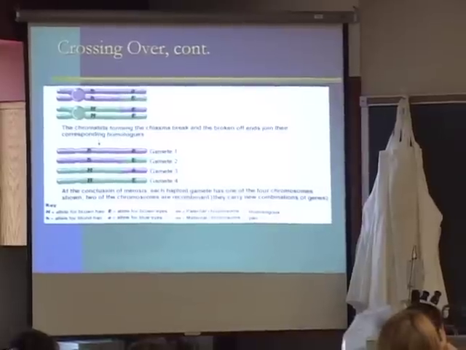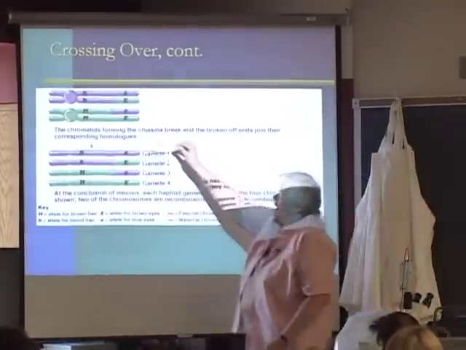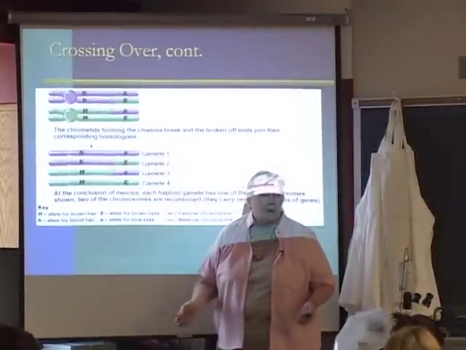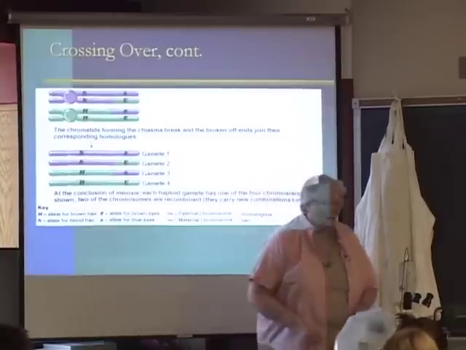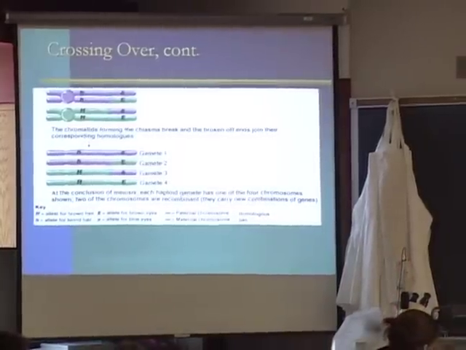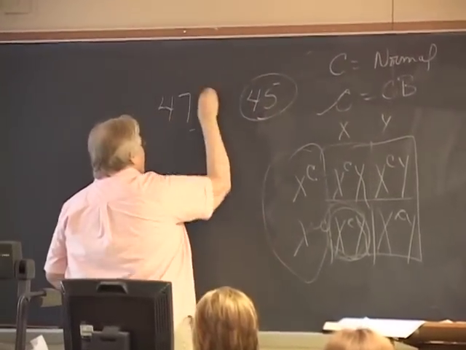In non-disjunction, the separation fails to occur. The chromatids that are holding one pair together don't separate. And so with non-disjunction, we end up with one cell that has 47 chromosomes and one cell that has 45 chromosomes.